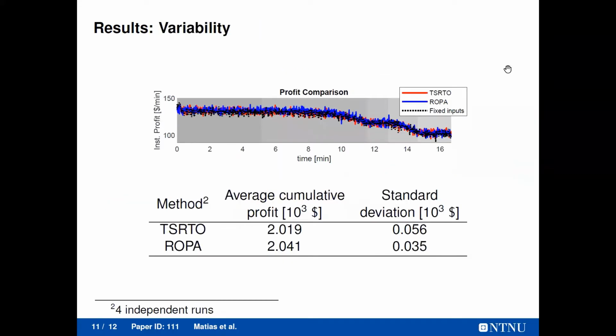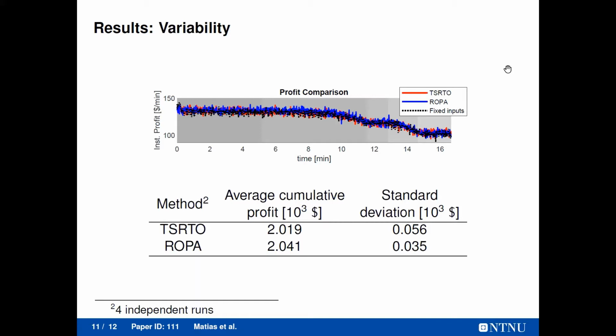So what we did was have 4 independent runs of each method and then calculate the total profit, which is simply, for example, if we look at the plot on top, the area under the curve here. And next, we computed the average of the 4 runs and also the standard deviation of the cumulative area of the 4 runs.